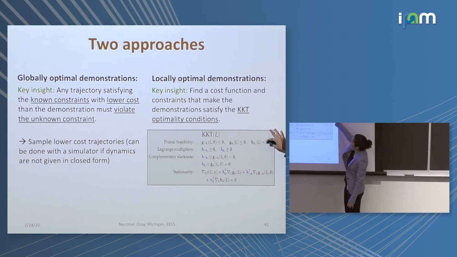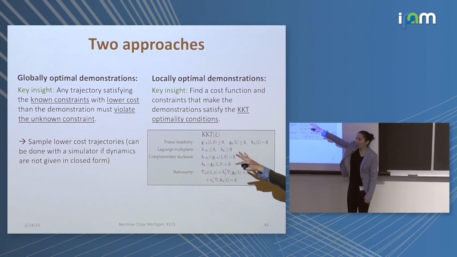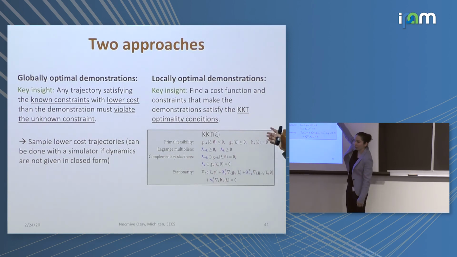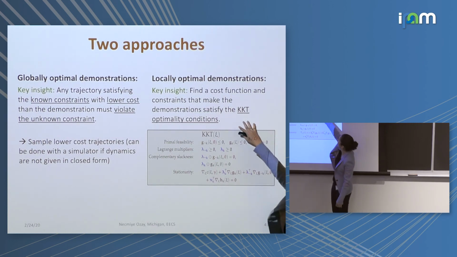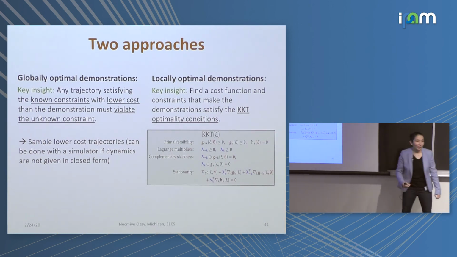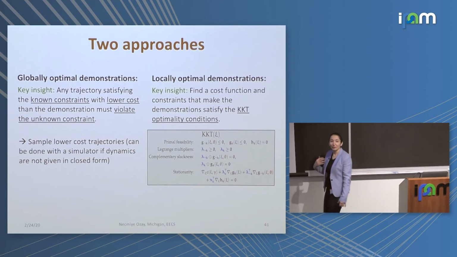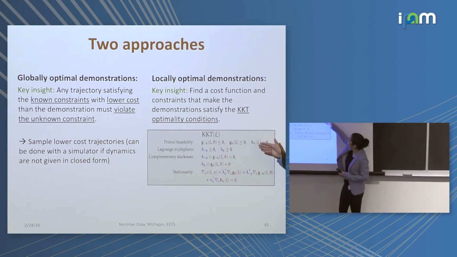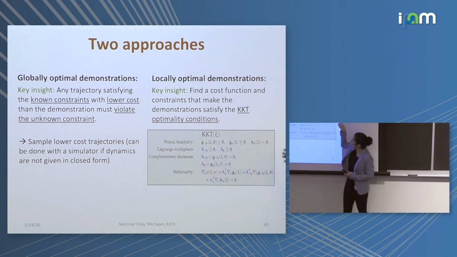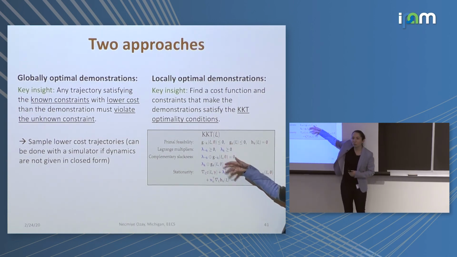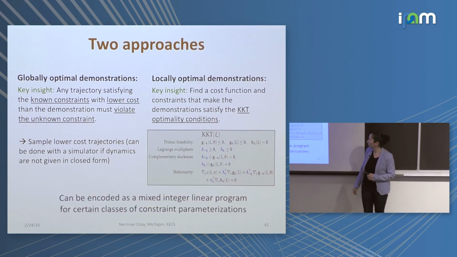The other thing that we thought about: maybe you don't always get globally optimal demonstrations, but you get locally optimal demonstrations. In this case, your demonstrations should satisfy the KKT conditions. And even if your dynamics are nonlinear, since these trajectories are known, this is usually a well-posed problem.